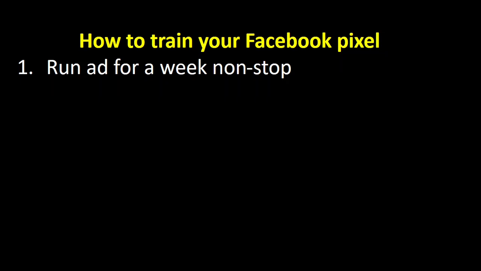You will not change the bidding, and you will not change the ad creative. Everything has to remain constant, and they are going to take data from only one ad set. They are not going to take from multiple ad sets. So it is preferable for you to have only one ad set and run it for a whole week.